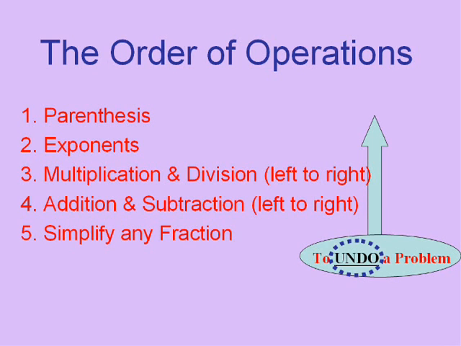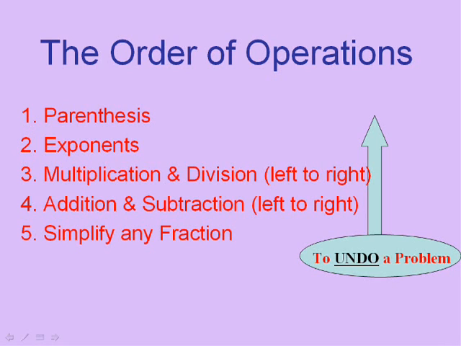First of all, we're going to get rid of fractions. We haven't covered that yet, but that's the first thing we're going to do if we see a fraction in an equation. Then we're going to get rid of any additions and subtractions that are keeping x from being alone. Then multiplications and divisions. And then the last thing we're going to do is get rid of the exponent, 2.